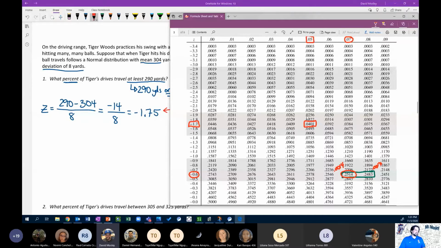We get first the negative 1.7, the root part of the z-score. The second decimal is the 5, and we find that over on the top row. We follow that to where those two things intersect, and we get 0.0401. That is the proportion of area under the curve to the left of negative 1.75.